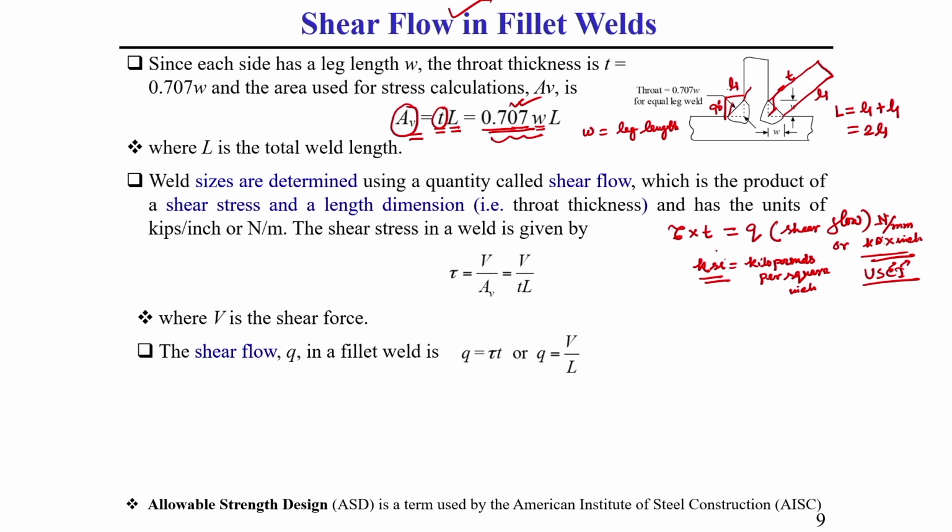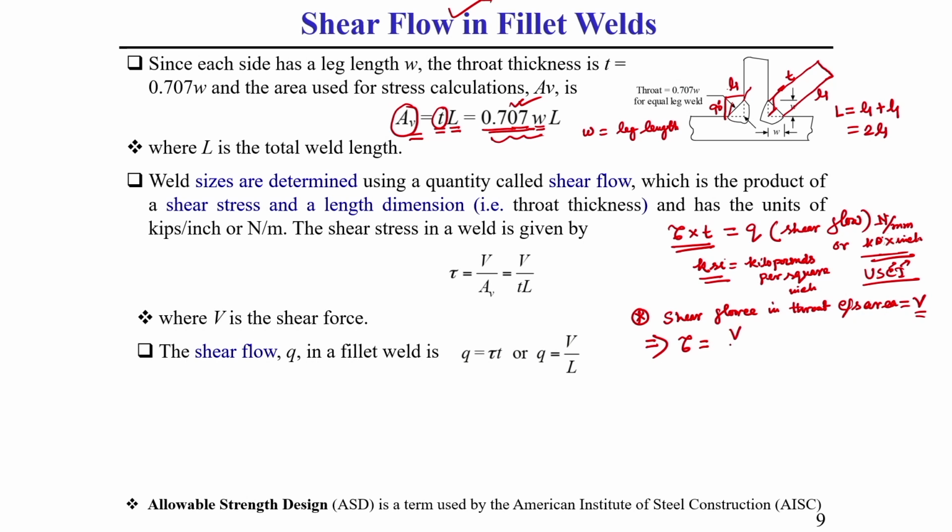So, how this shear flow quantity is calculated, that a little bit I am showing here. Let us consider the shear force in the throat cross sectional area equal to V. If the shear force is V, then what should be the shear stress at the throat cross sectional area?